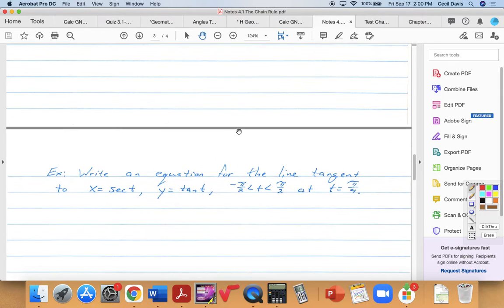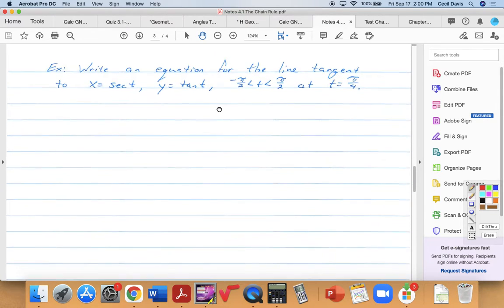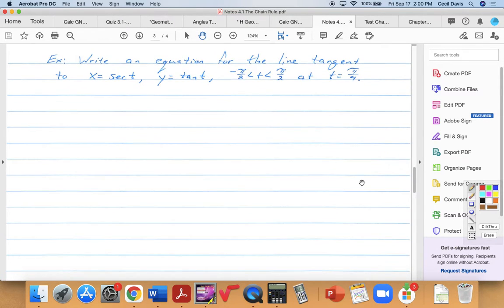So let's do an example of that. So if we want to write an equation for the line tangent to x equals secant t, y equals tangent t, for t between negative pi over 2 and pi over 2 at t equals pi over 4.